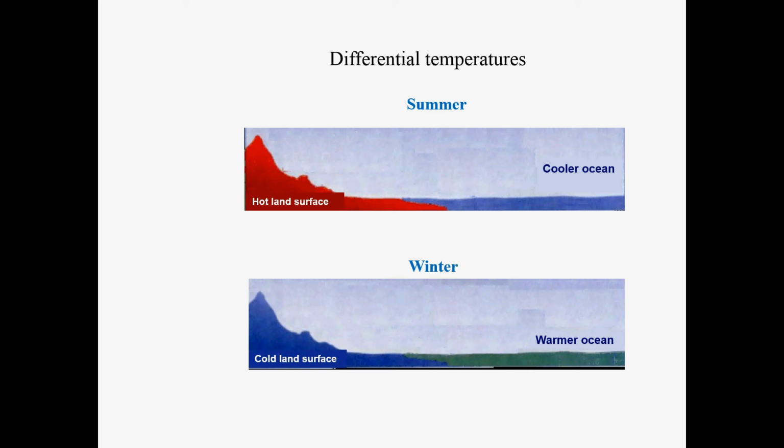In the winter, it is opposite because land cools off quickly, so land will have lower temperature. At the same time, because the sea cools off slowly, it will have relatively higher temperature than land.